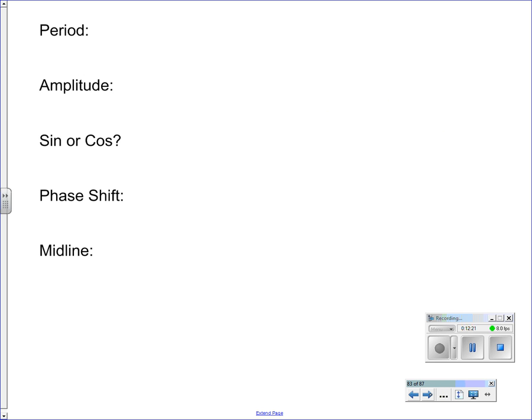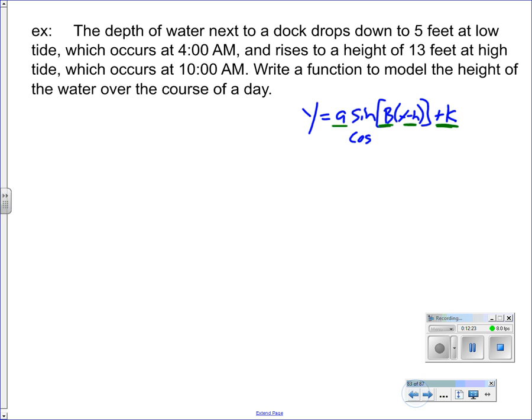So again, just like the last one, the first thing we're going to look for is the period. So we're looking for how long it takes one full cycle to occur. This problem here is about ocean tide, so high tide and low tide. In this case, high tide would represent the maximum, and low tide would represent the minimum.